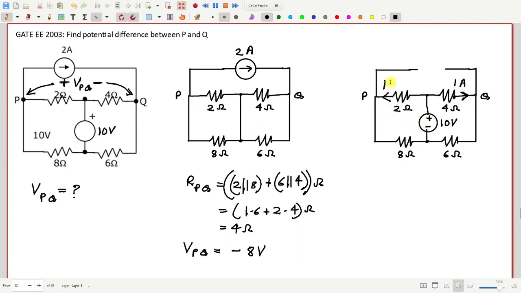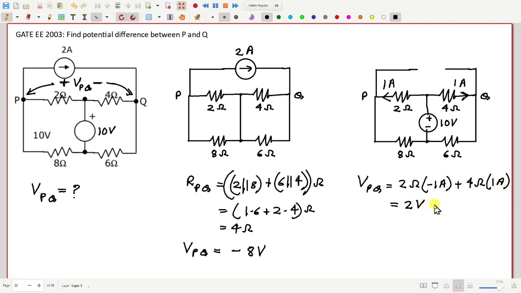And how much is the left side current? Again 1 ampere. So now here VPQ in this case will be 2 ohm into minus 1 ampere plus 4 ohm into plus 1 ampere, that is 2 volt, correct?